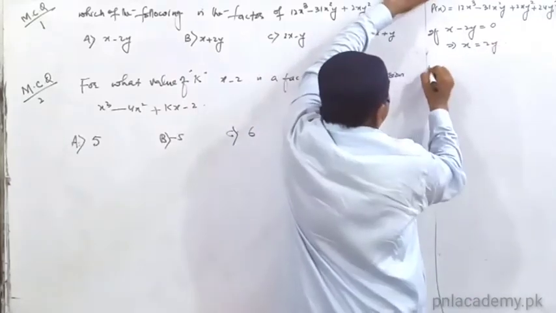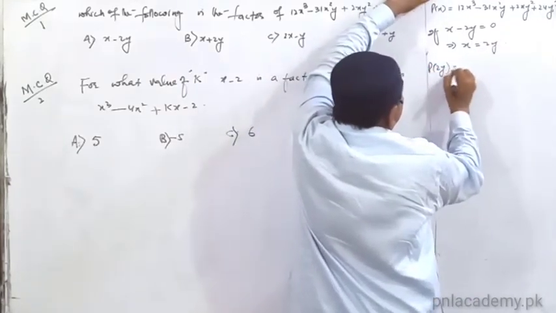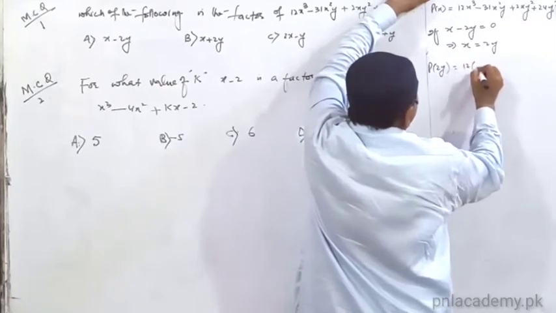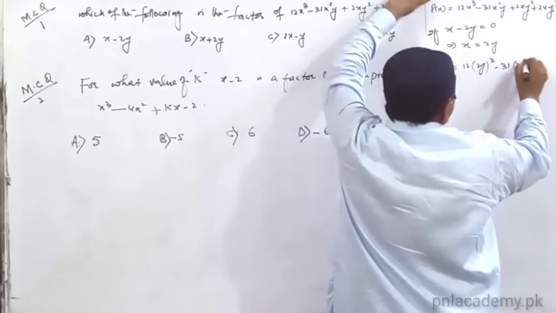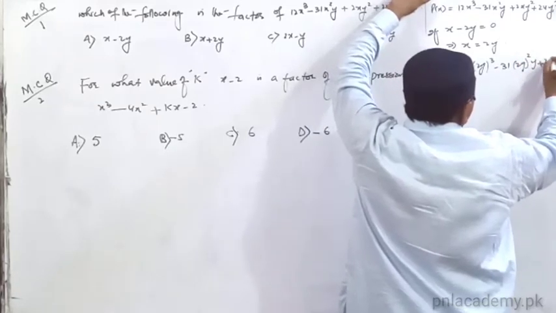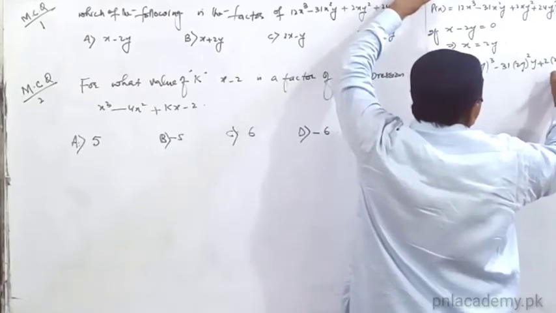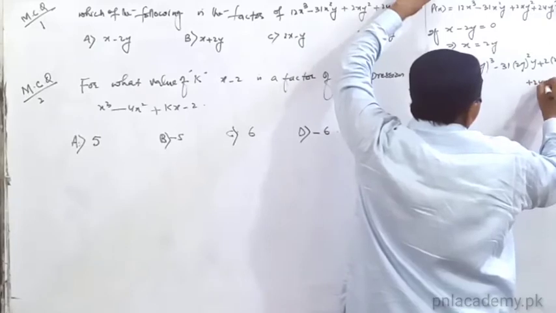So p of 2y is equal to 12 into 2y whole cube minus 31 into 2y whole square times y plus 2 into 2y into y square plus 24y cube.